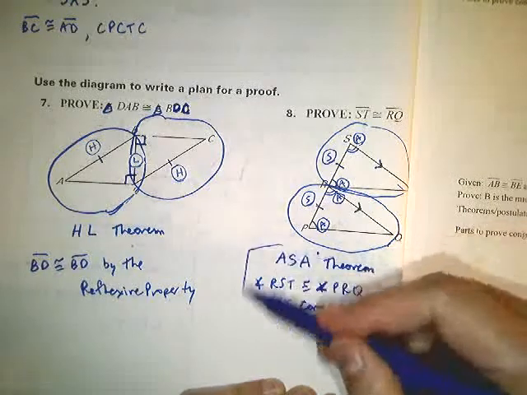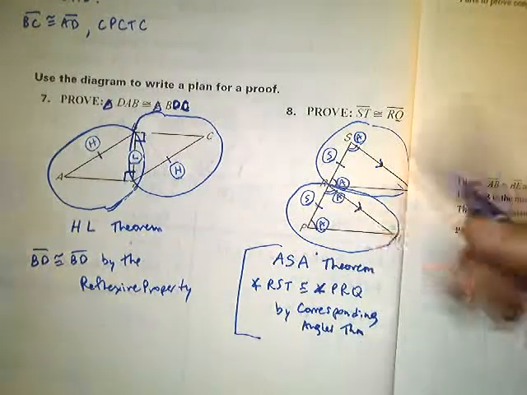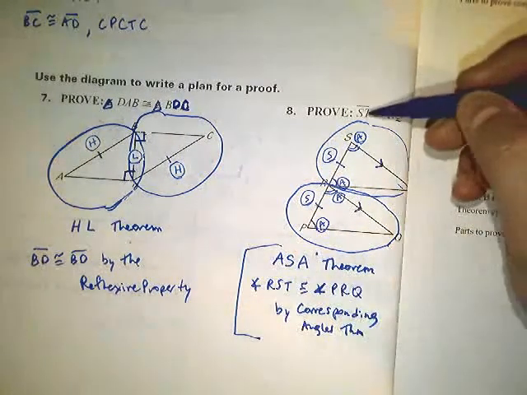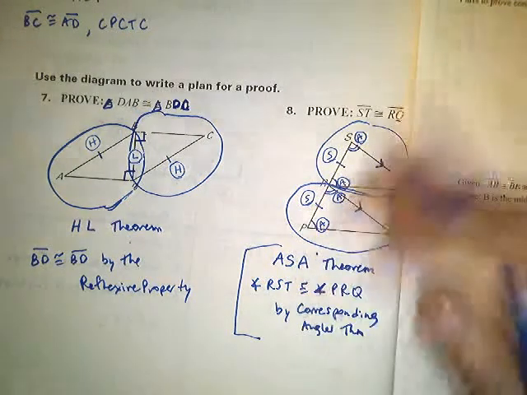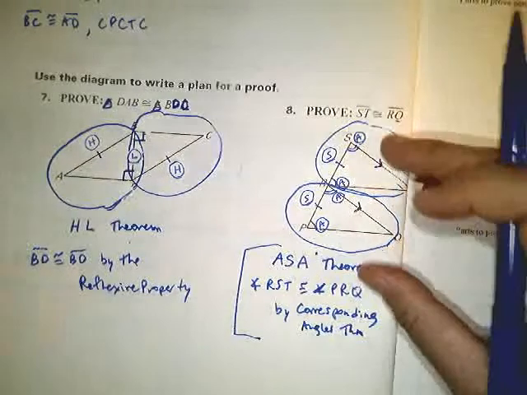Okay, now this would be my phase 1, because at this point I will have established that the two triangles are congruent. And then in phase 2 I could say, okay, now that I know that these two triangles are congruent, then all the corresponding parts, all the corresponding sides and all the corresponding angles would match.